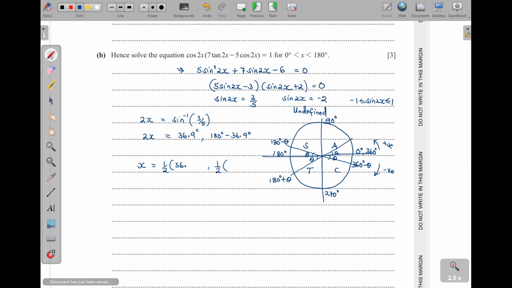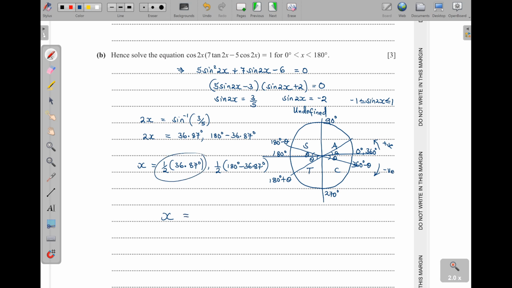So this is 36.87, and then 180 minus 36.87. Now I can finally write my answers to 1 decimal place.